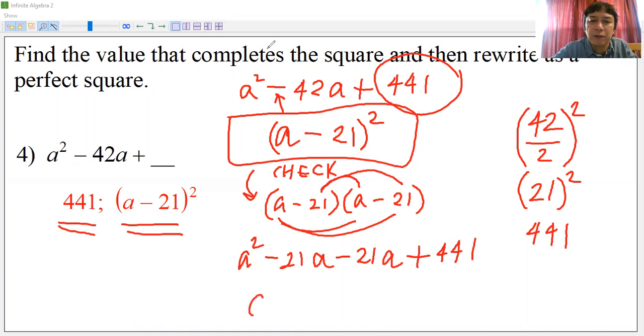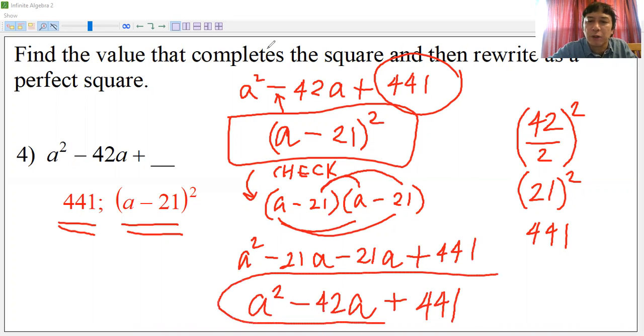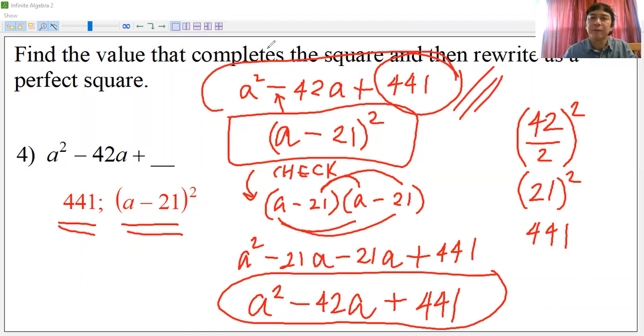After simplifying, you're going to have a squared minus 42a plus 441. And it returns to the beginning. You can see it clearly over there. So we only need to learn here the required number to complete the square.